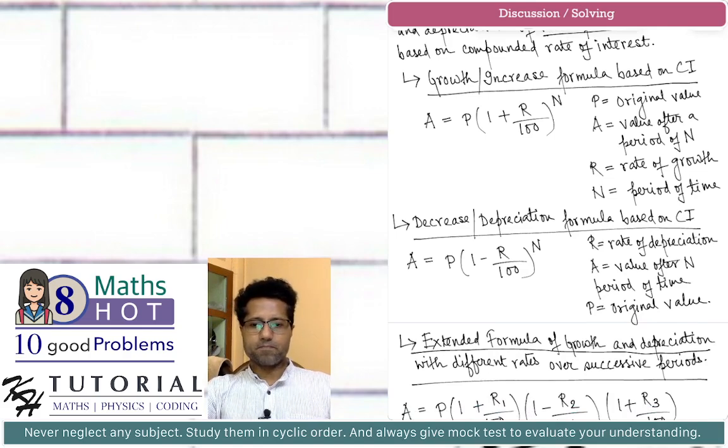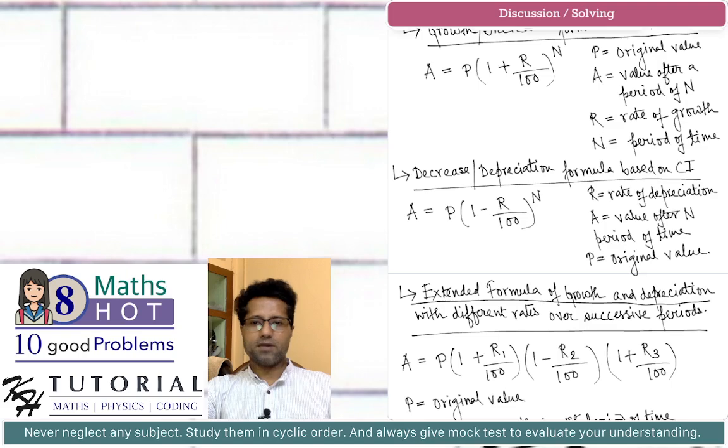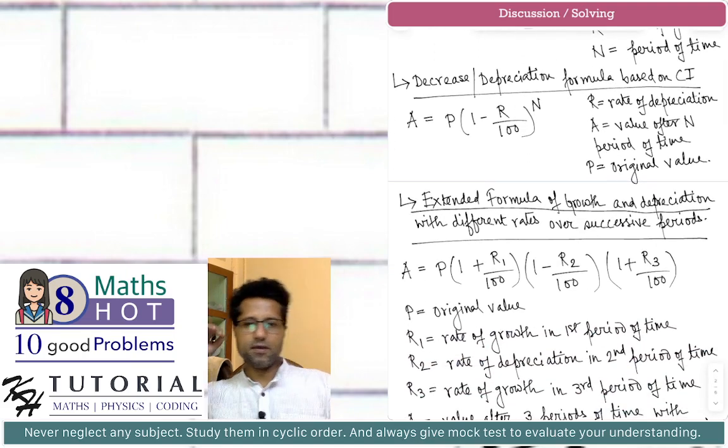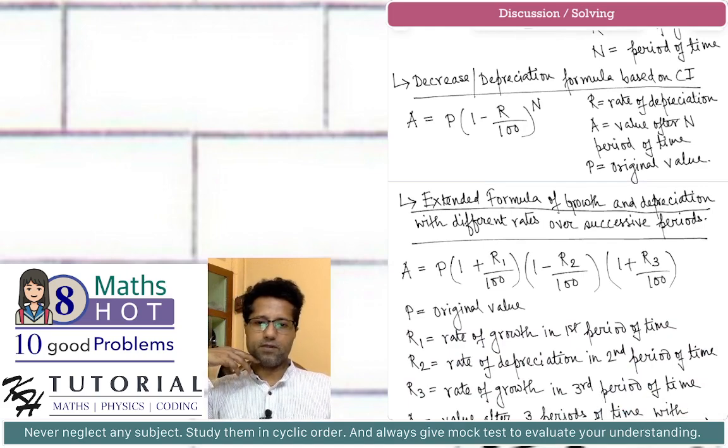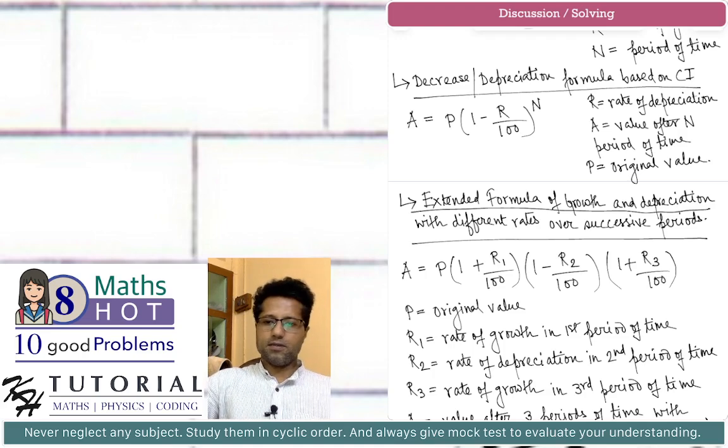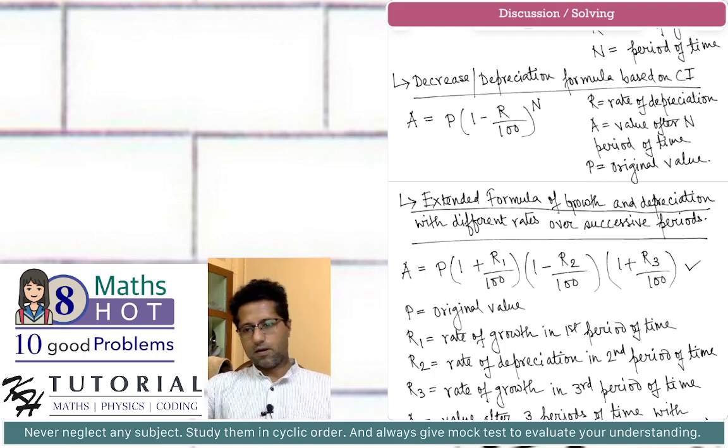Now, also the extended formula, that is if there is a growth or depreciation of the quantity with different rates over successive periods of time. This extended formula is for the scenario where the quantity is growing in the first period at the rate of R1.